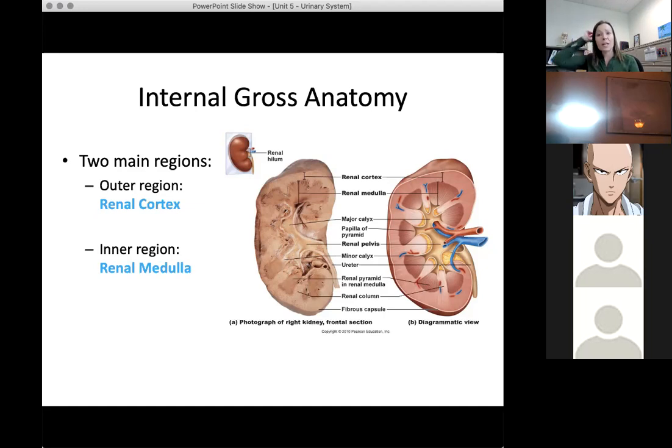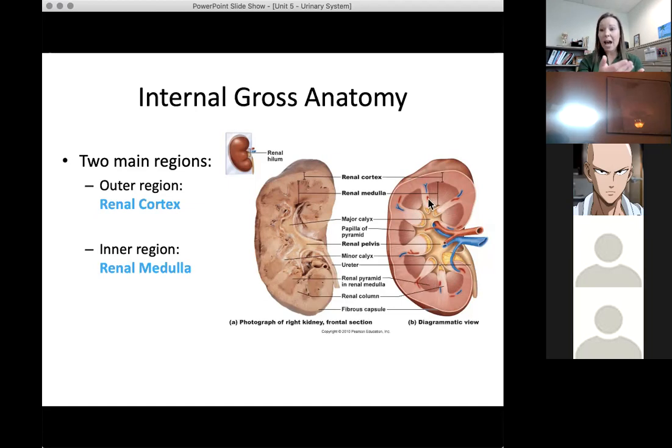One last thing here, the renal sinus is this entire area. It's a cavity that contains the renal pelvis and all of the calyces. So the renal sinus is this large area, which is a cavity.